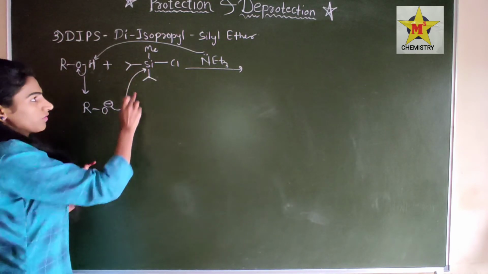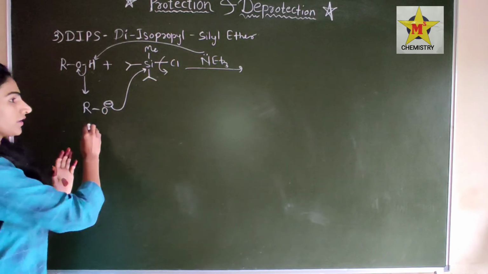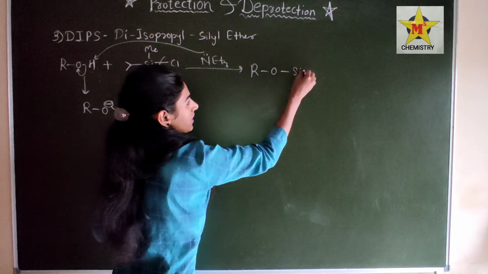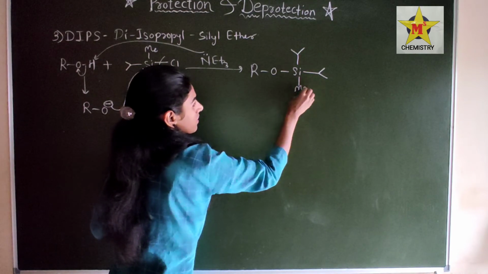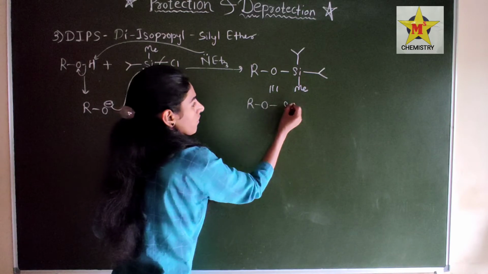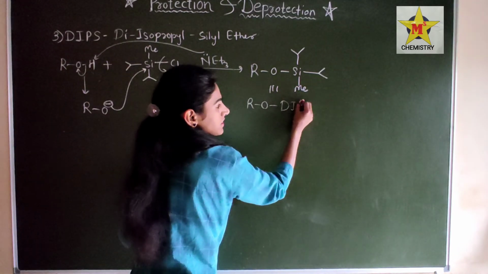This will attack the silicon and the chlorine atom gets departed, and ROSi diisopropyl is formed. We can write it like this: RO DIPS.